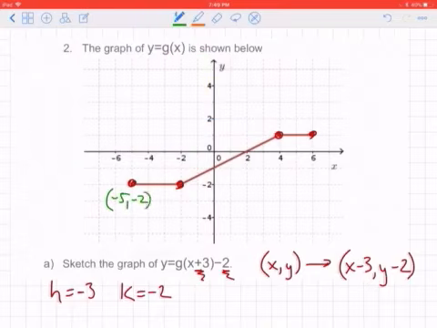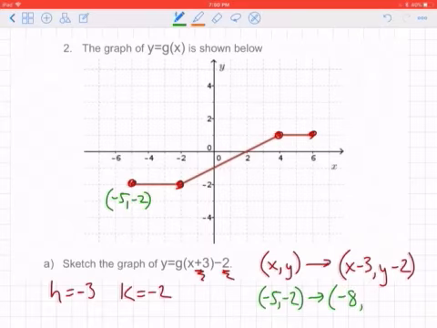I can then say, well, the point (negative 5, negative 2) actually becomes (negative 5 minus 3), which is negative 8, and then negative 2 minus 2, which is negative 4. So if we graphed that, it would be at (negative 8, negative 4), which is right down here. Now, as you can see here, that means it has moved left 3, or negative 3 that way, and then down 2, negative 2 that way.